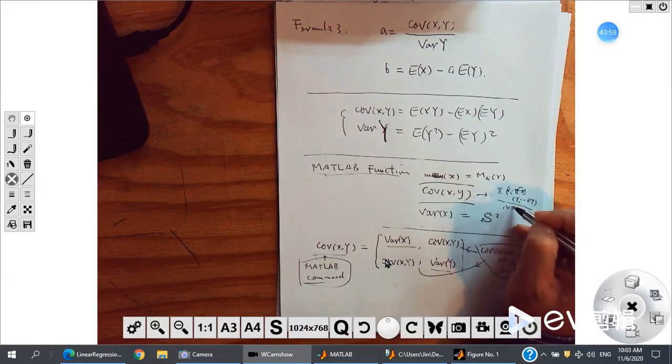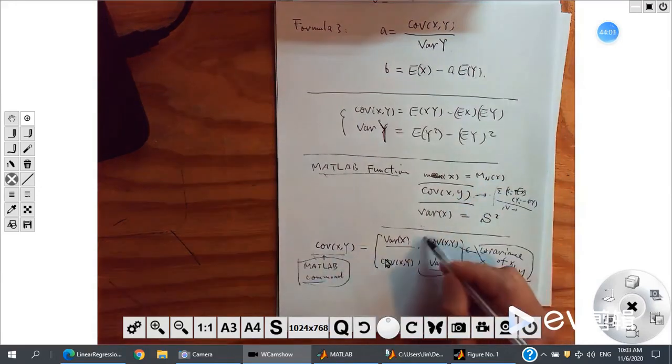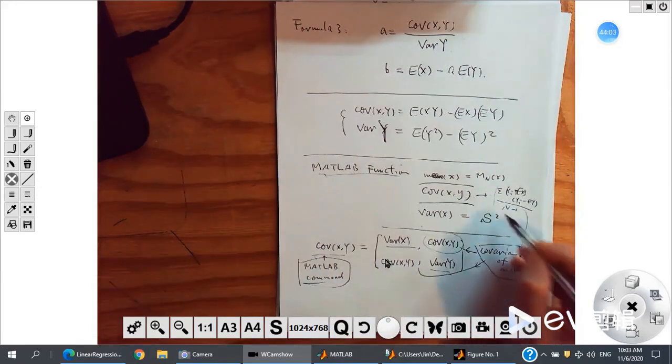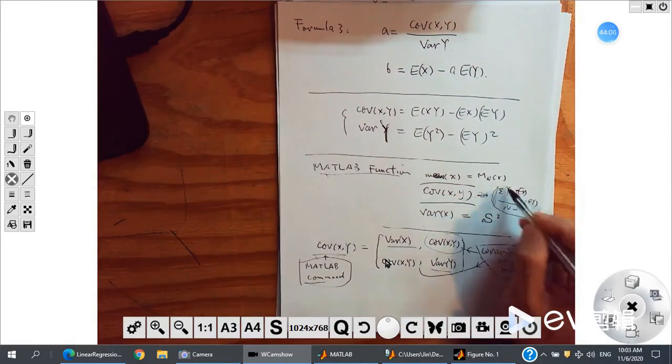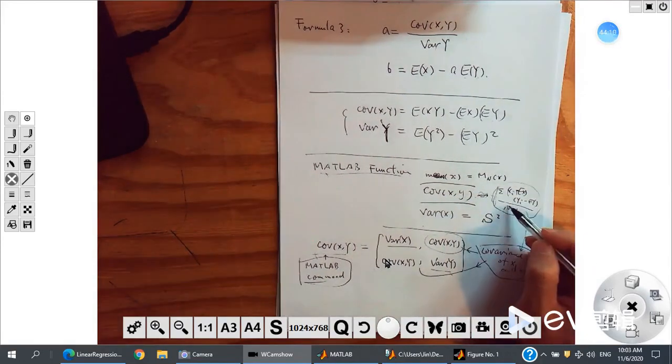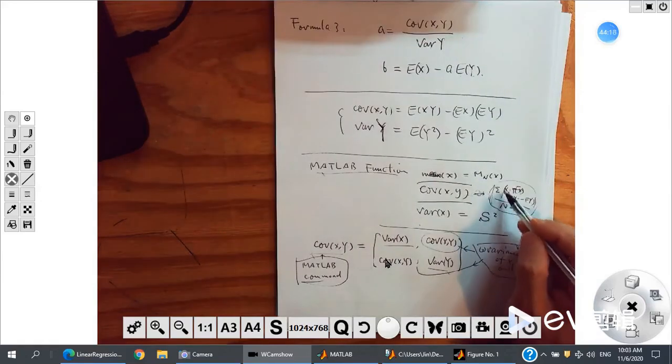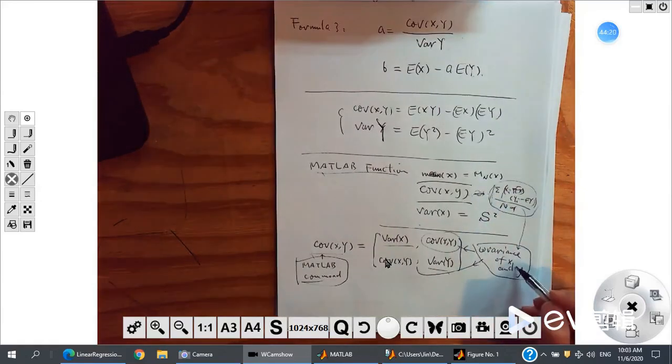This number is this one, not the matrix. The denominator is n minus 1. The numerator is xi minus ex times yi minus ey. Then do summation, then take the average. You get the covariance.